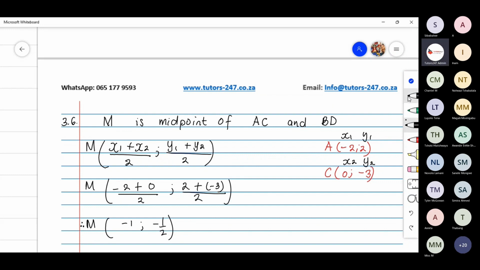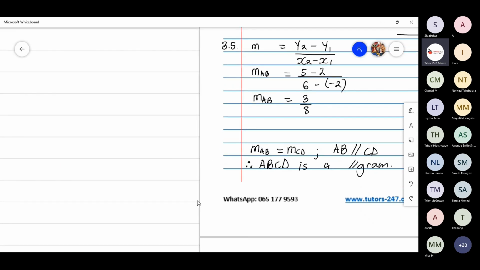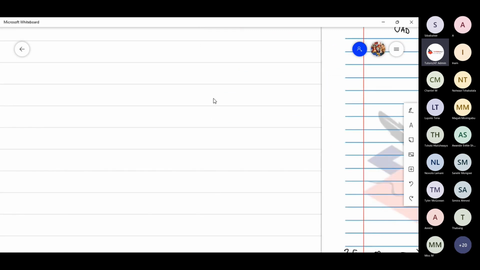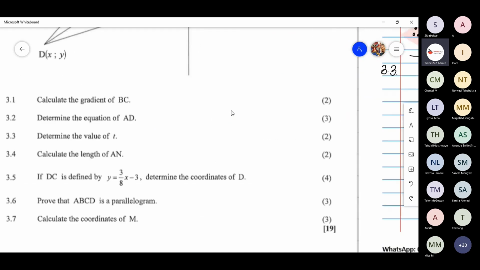Now, something that I've seen that pops up quite frequently is if you are given the midpoint of a line and one of the endpoints is unknown. So I want us to have a look at that using the line BD.